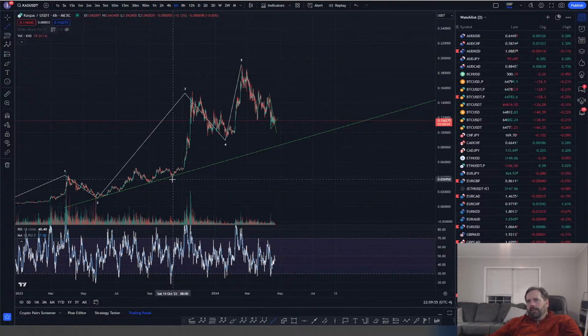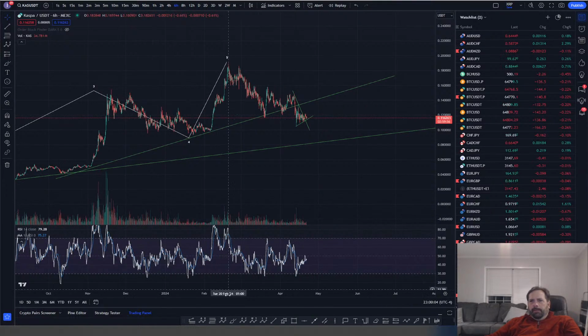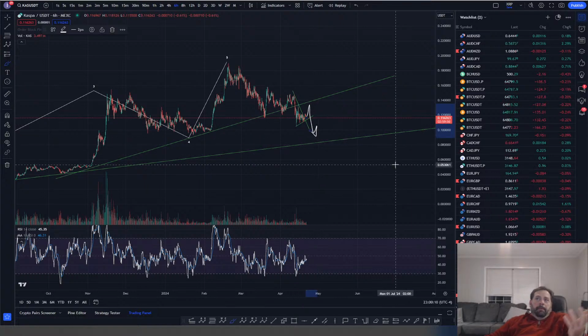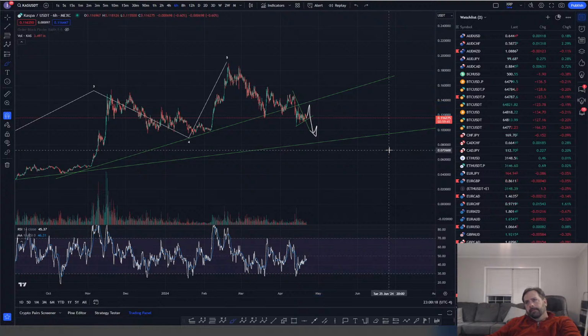You got this trend line right here. And you see we bounced, and then broke it. So I can also see the potential for a retest of that before it goes down. So that might be coming. A little move to the upside on the 6-hour chart before another move down. Maybe.